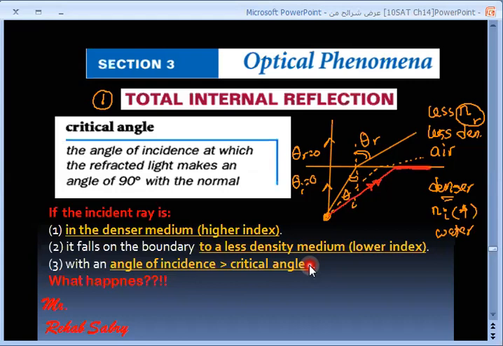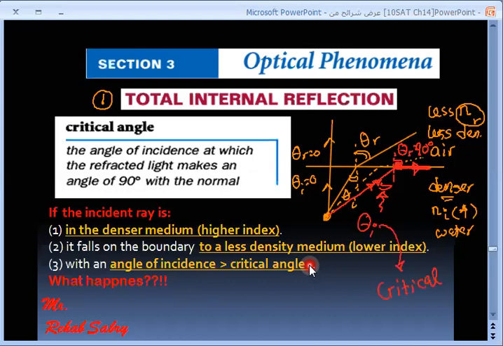It will give the maximum possible refraction. In this case, the angle of refraction will be 90 degrees. The angle of refraction will be what? 90 degrees. In this case, this angle of incidence that made the angle of refraction 90 is called the critical angle.